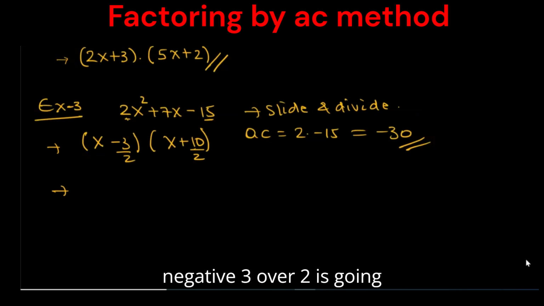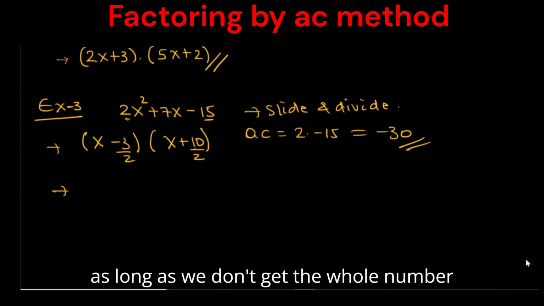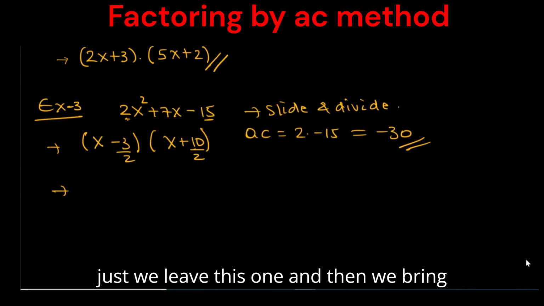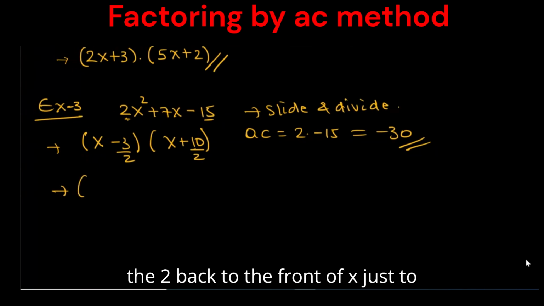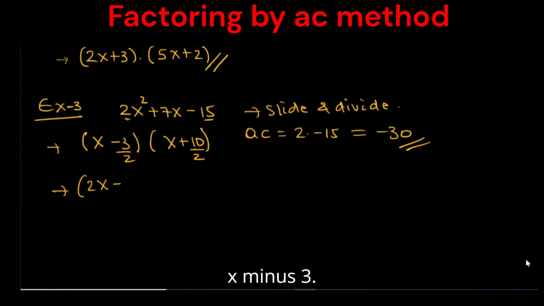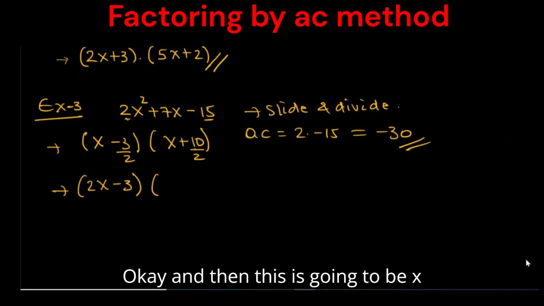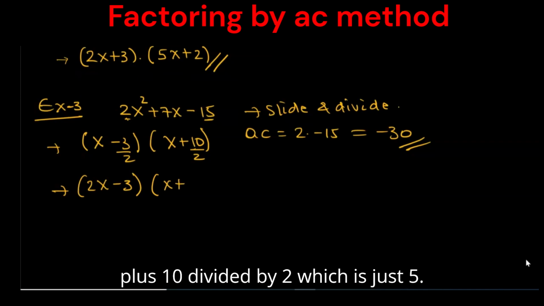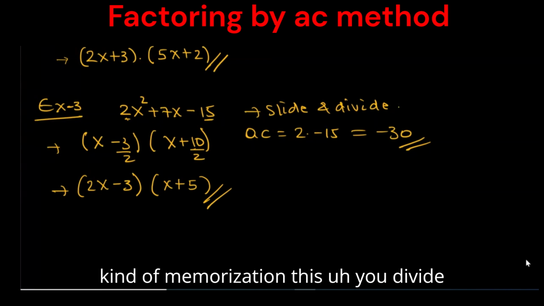So look, negative 3 over 2 is 1.5. As long as we don't get a whole number, we leave it and bring the 2 back to the front of x, so x minus 3. And then x plus 10 divided by 2 is just 5. So it is simply a kind of memorization.